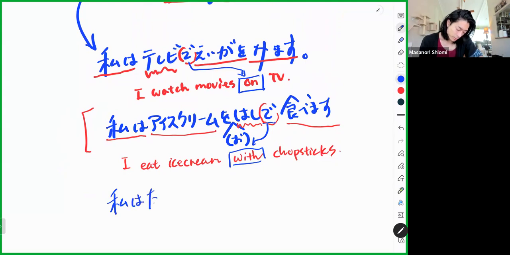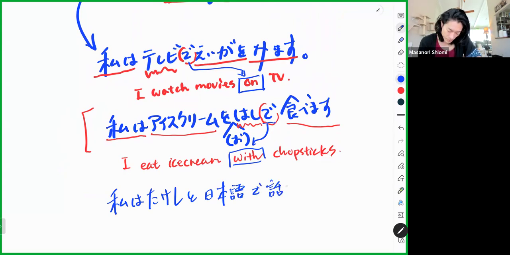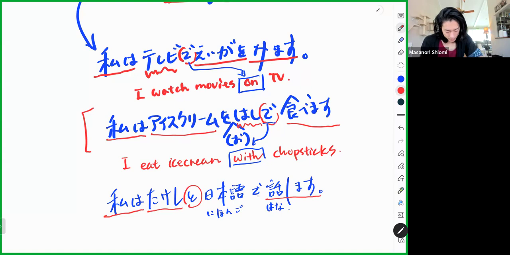私はたけしと日本語で話します。Translation: I talk with Takeshi by means of Japanese, or using Japanese.